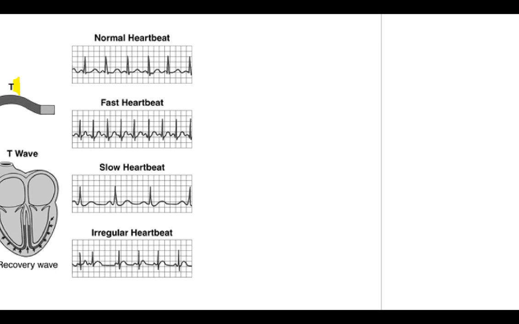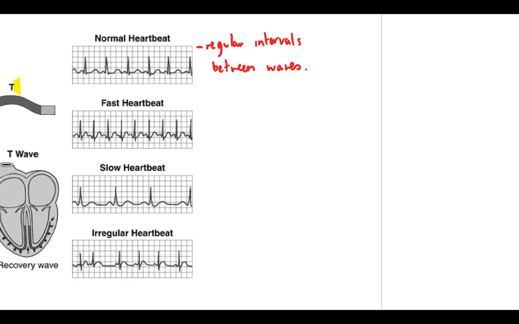In this, we would say that there are regular intervals between the waves. Or actually, what's better to say is between the QRS. After that, we've got a fast heartbeat.